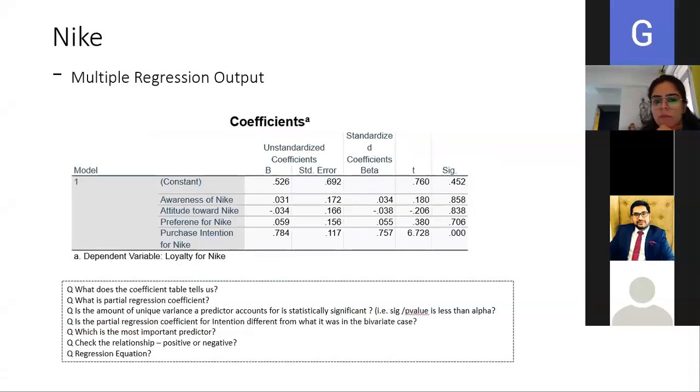Your dependent variable is loyalty, and you have awareness, attitude, preference, purchase intention as your independent variables. And then you get some summary, some numbers. How to do this and how to interpret this, I'm going to discuss everything when I'll be discussing regression.